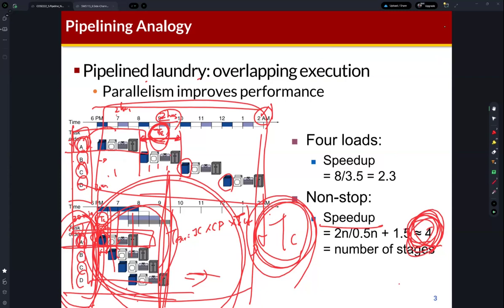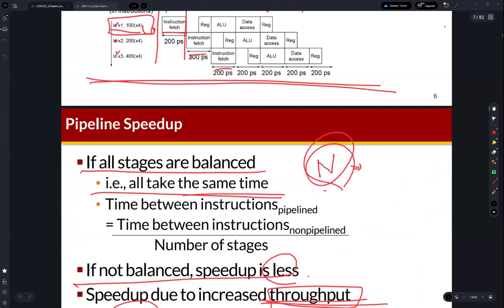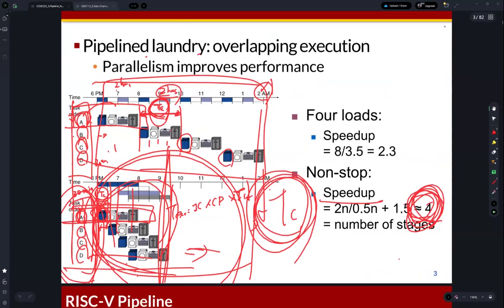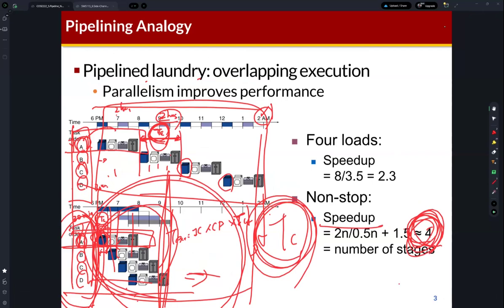because we are utilizing this pipelining concept in the real world. I used the laundry analogy also, and using pipelining we can improve the performance, right?